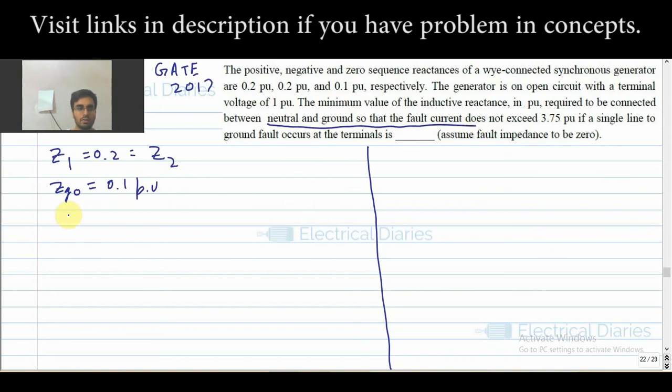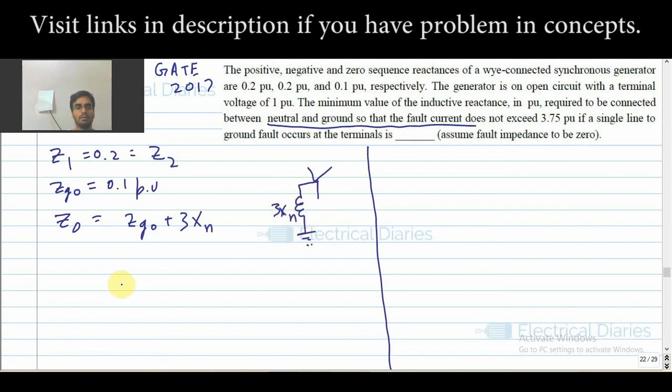Okay, so now when your grounding is with reactance, then your Z0, that is your equivalent zero sequence impedance, becomes what? It becomes your Zg0 plus 3xn, where xn is your grounding impedance. Okay, so this is your 3xn.